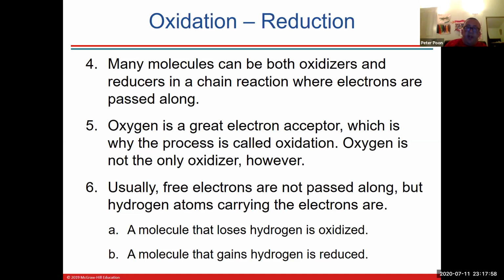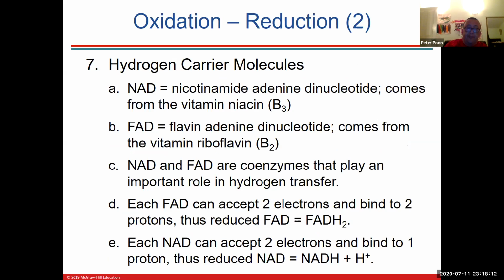Usually free electrons are not passed along, but hydrogen atoms carrying the electrons are. So like I said, a molecule that loses hydrogen is oxidized. A molecule that gains hydrogen is reduced.